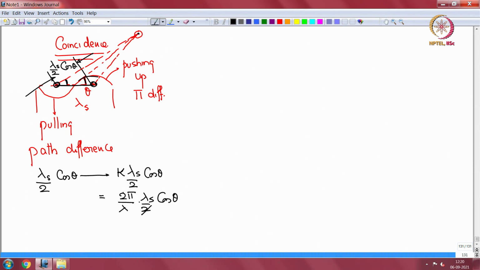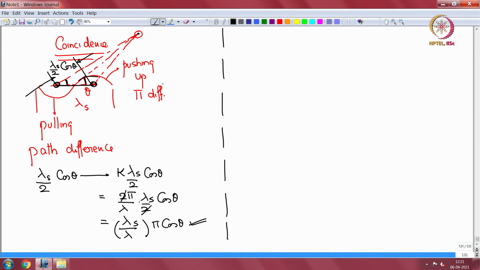So, this 2 goes and I have lambda structure by lambda acoustic into pi cos theta. This is achieved purely by path difference.